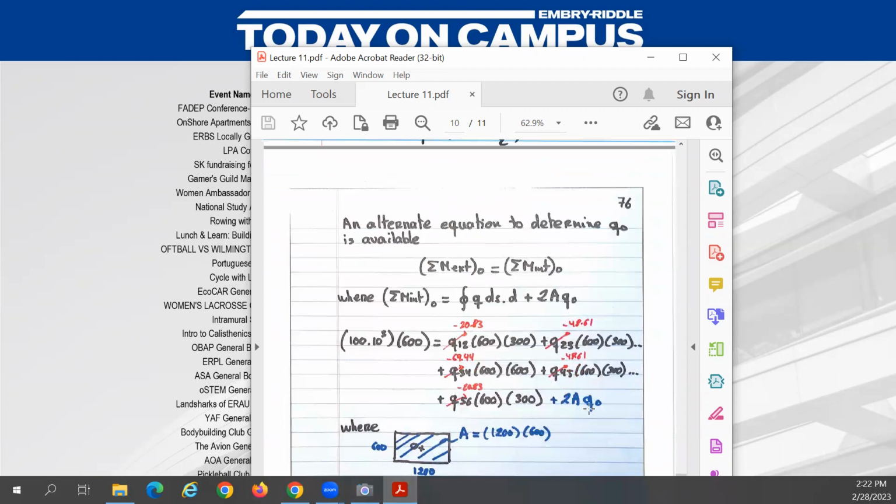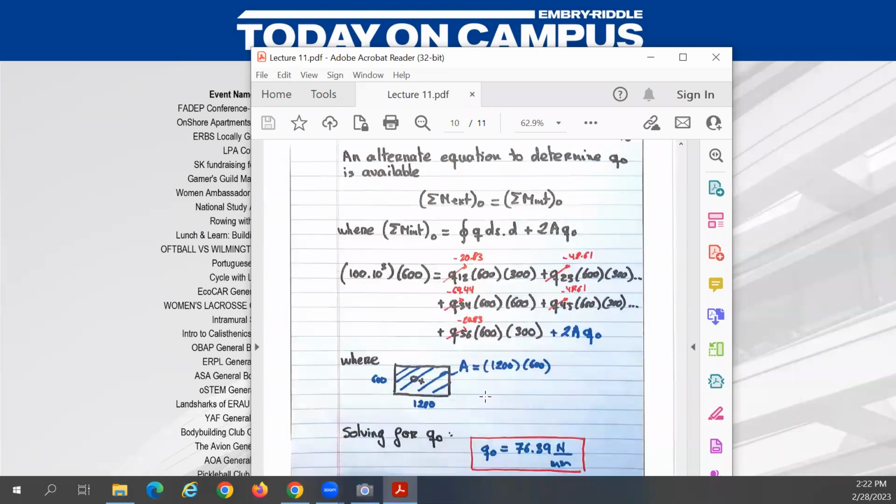Yeah, this one here, plus 2AQ sub 0. We just did not calculate this. But did we write that equation or not? Okay, so if you want, did we say what the area would be? It would be the whole area, no? Since we are doing around.